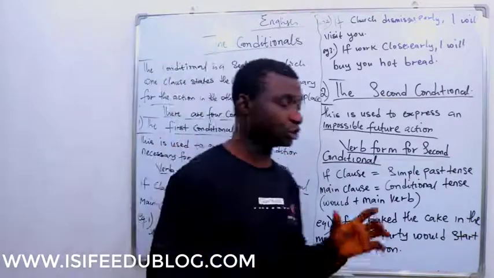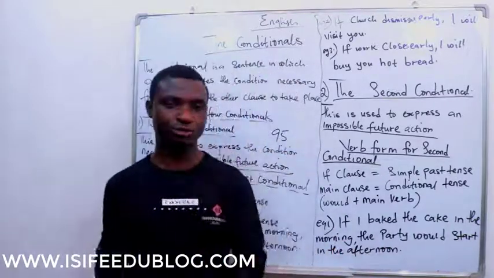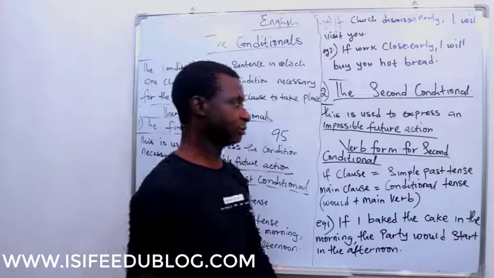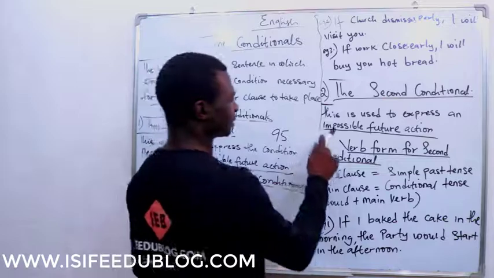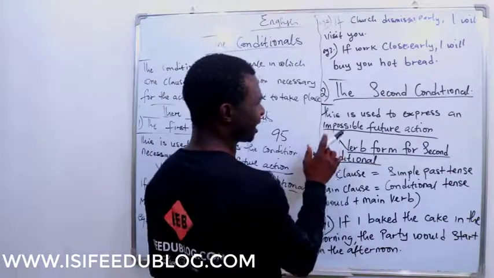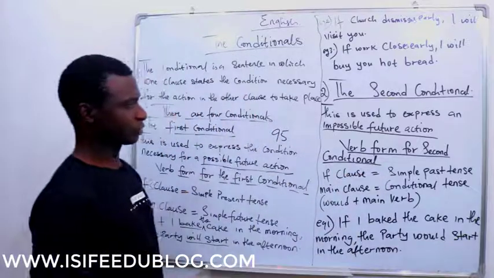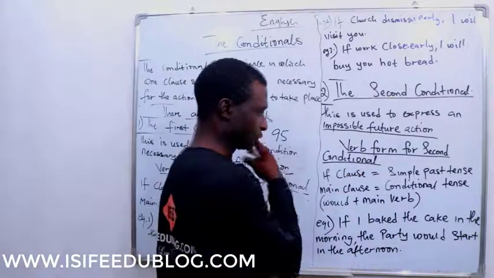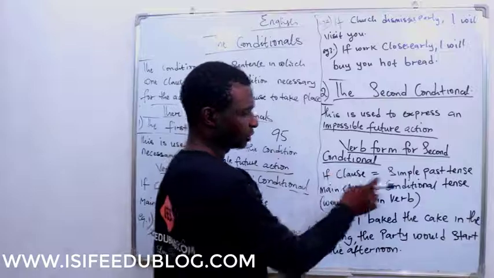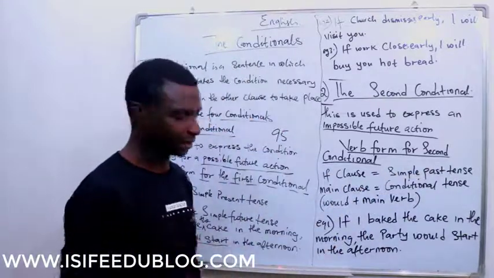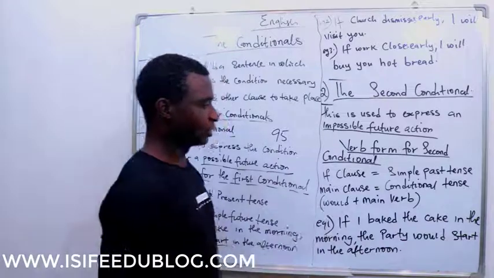The second conditional is used when you're not sure that the action will take place. This is used to express an impossible future action. The verb form for the second conditional is the if clause, simple past tense, while the main clause is conditional tense.